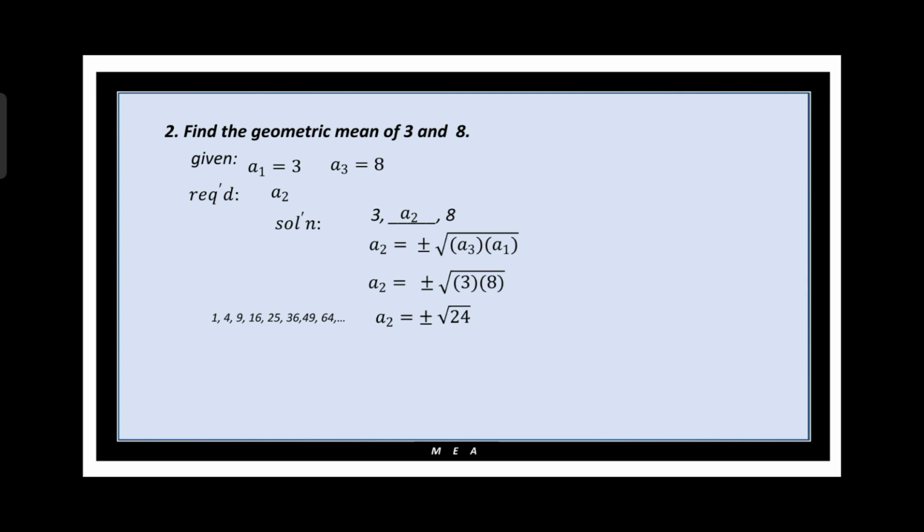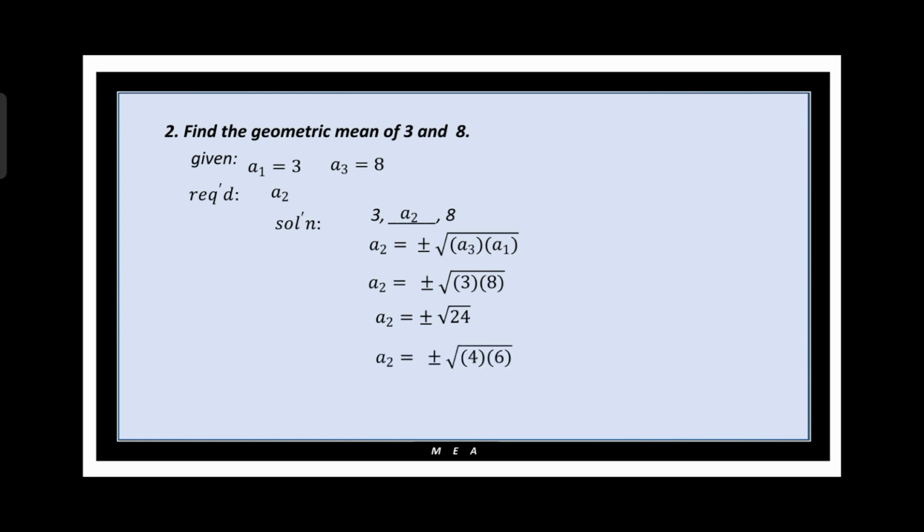So, hanapan natin ng factor yung 24 na mayroong perfect square. Okay, kung wala, as is na siya. But kung meron, isulat mo siya. So, nakikita ko dito, ang factor ng 24 na perfect square ay 4. Okay, so sulat natin siya.